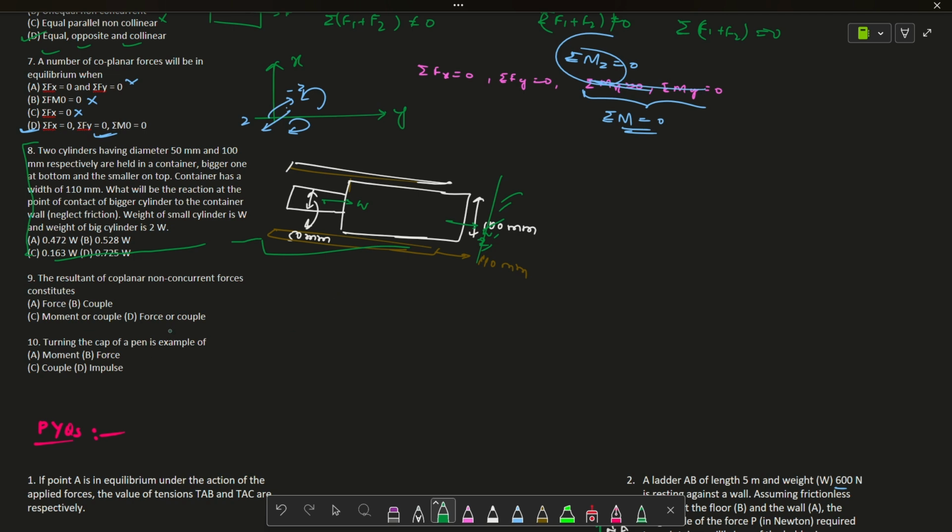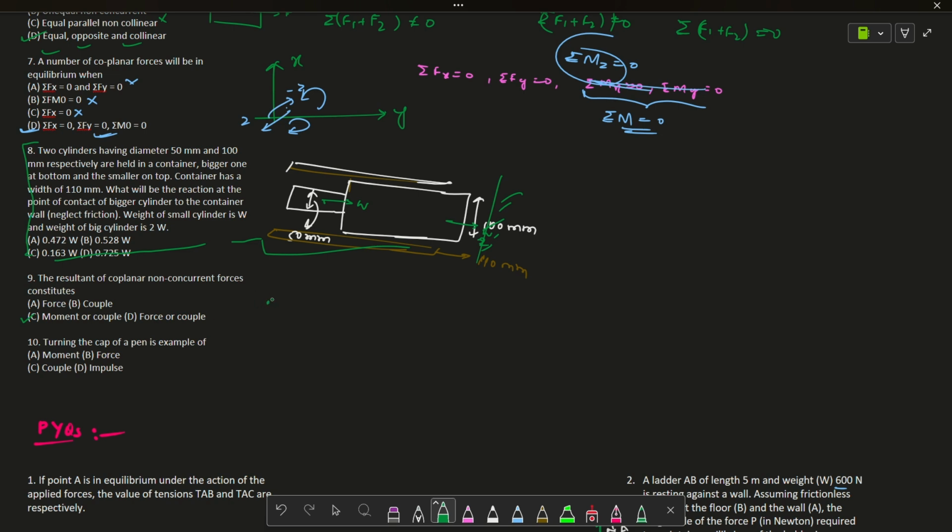The resultant of coplanar non-concurrent forces constitutes what? The question is asking about the resultant of non-concurrent forces, meaning the forces which are not in a line. So it constitutes a moment or a couple.